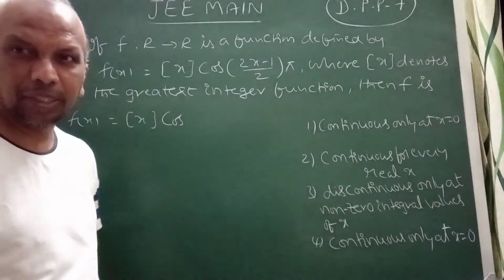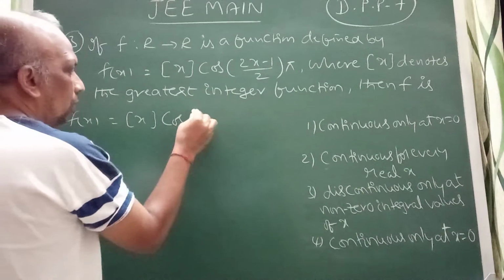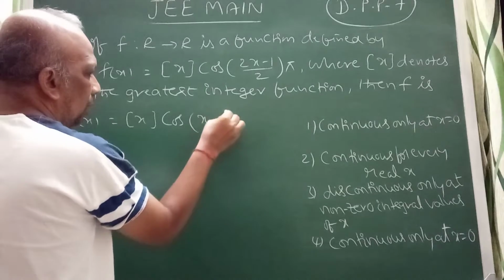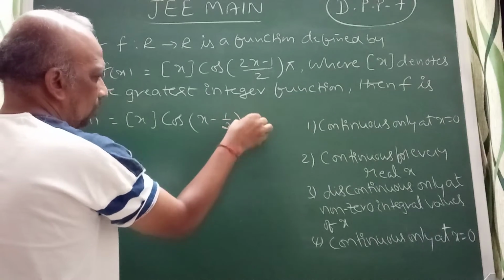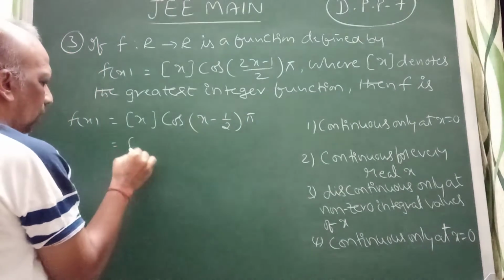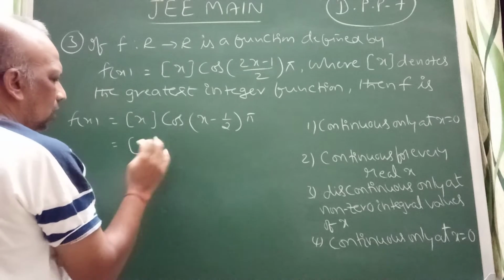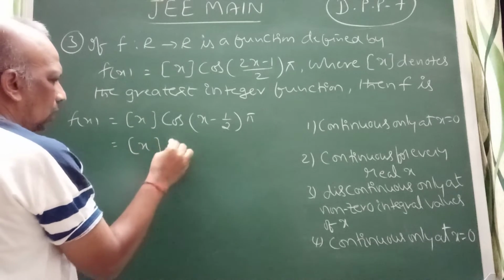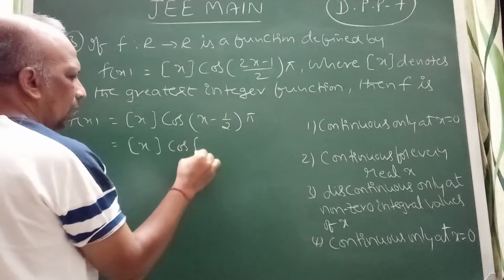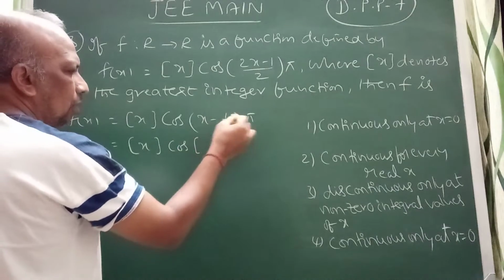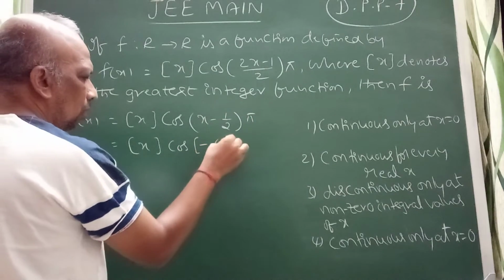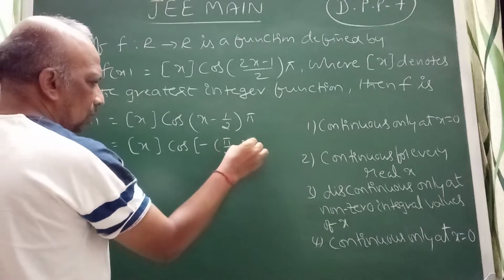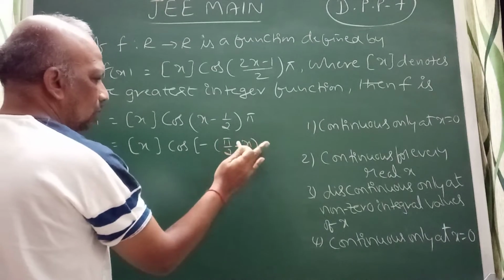If I rearrange this, I can write x minus 1 by 2 into pi. So step x cos of, I can take pi by 2 minus pi x.